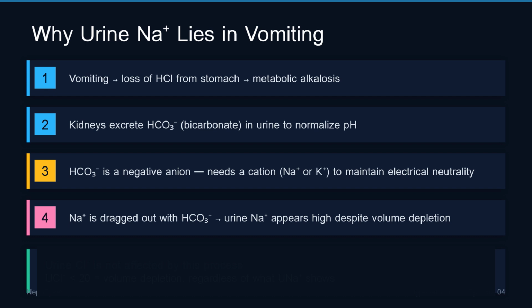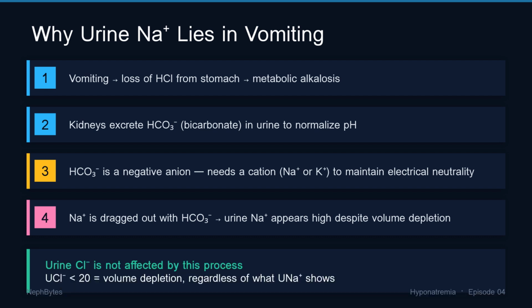So the sodium appearing in the urine isn't because the patient has volume excess or inappropriate ADH. It's because the kidneys are obligated to excrete sodium alongside bicarbonate to correct the alkalosis. The urine sodium is high because of alkalosis, not because of volume expansion.